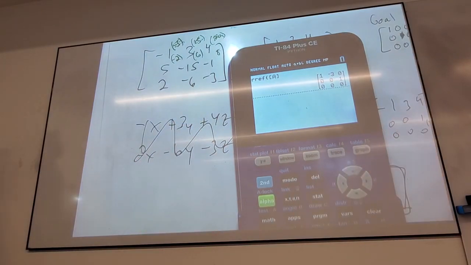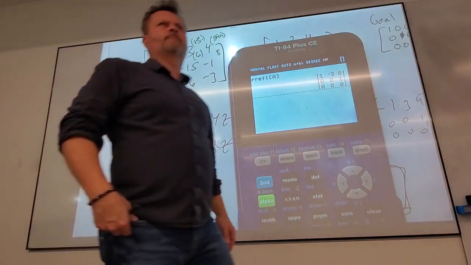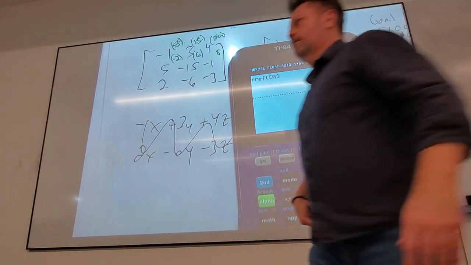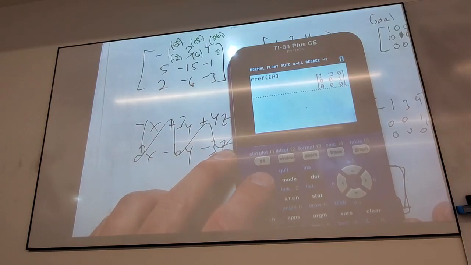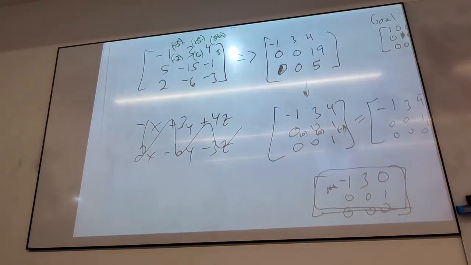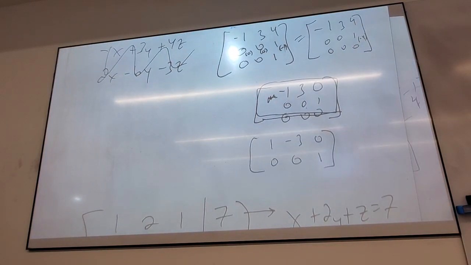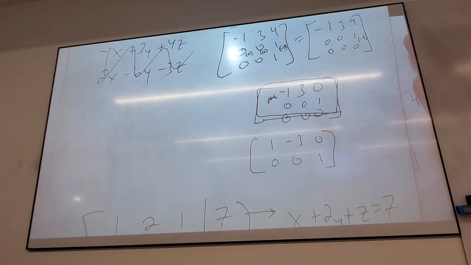Yes? I don't know what step it is, but it's when we went from negative 1, 3, 4, and then 0, 0, 1 times negative 4. Why did you also leave a 1 when you did that?